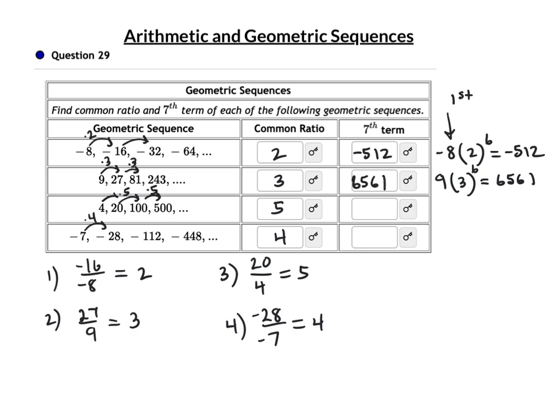For the third one, I'm starting at 4, and I'm going to multiply by 5. To get to the 7th term from the very first term in the list, that's a movement of 6 places. 4 times 5 to the power of 6 is 62,500.